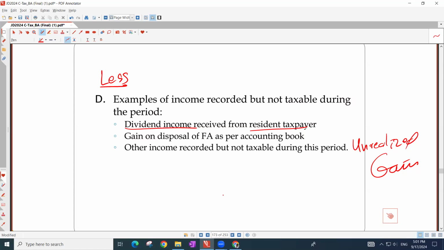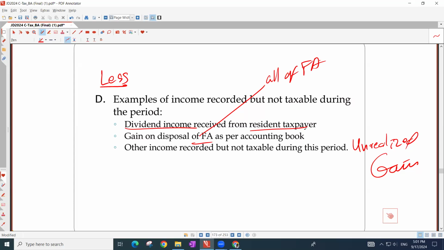So I would say here, all of the fixed assets: if it is a gain per accounting, then you need to claim it as deduction, so it's not taxable.